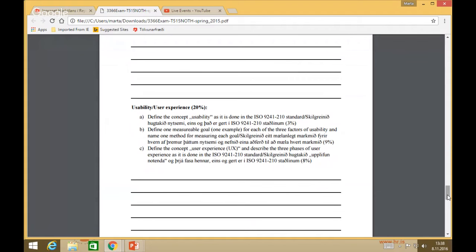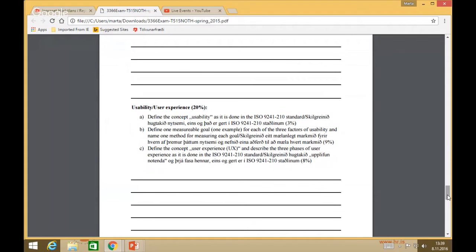Here I'm asking for a definition from that standard because there can be other definitions, but I am using this definition because it's in the standard. It's in many textbooks and so on. It's not only me. There are many people in the area that use the ISO standard for defining usability.